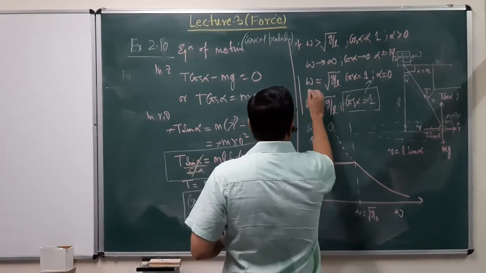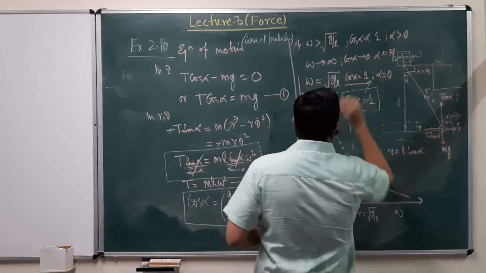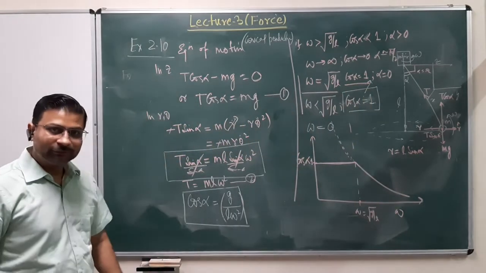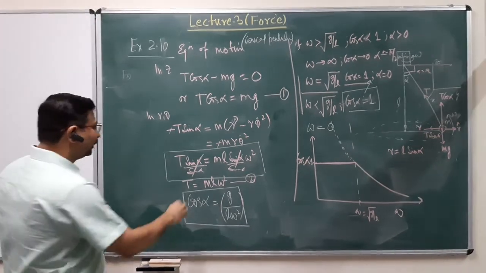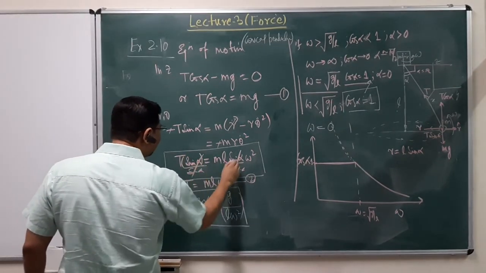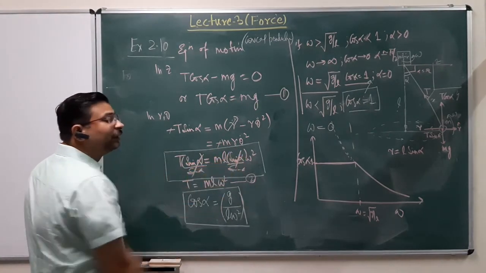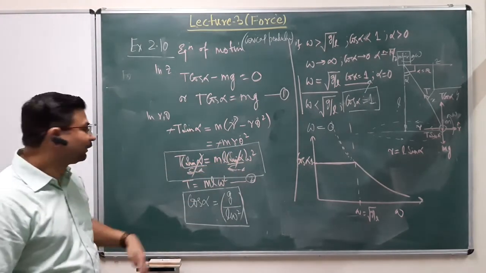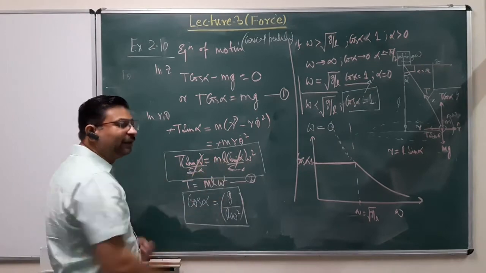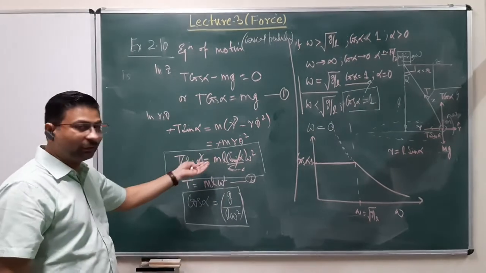Now look at this limit. We said that omega equal to this, cos alpha equal to 1, alpha equal to 0. If alpha is equal to 0, then sin alpha is also equal to 0, right? So both sides you have 0, you cannot divide by sin alpha on both sides. You cannot nullify sin alpha in this way. It's a division by 0 on both sides, right?